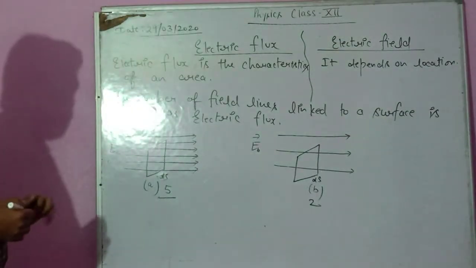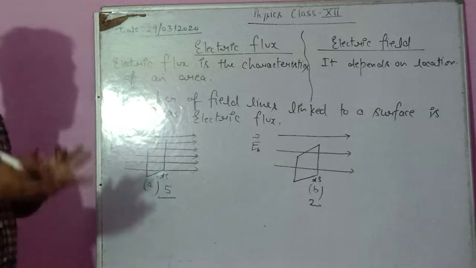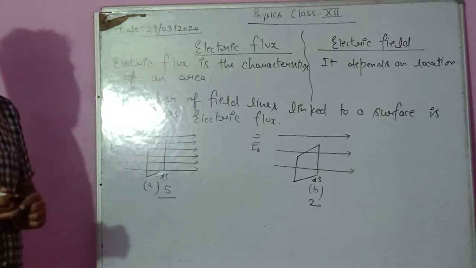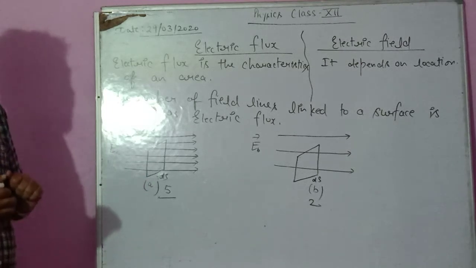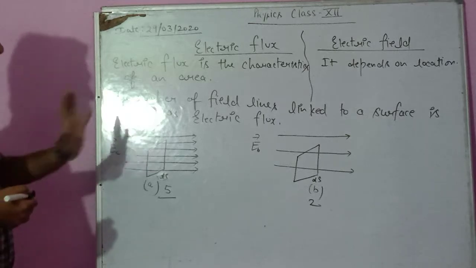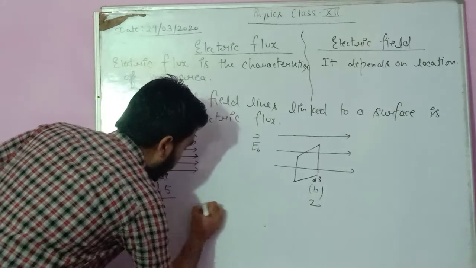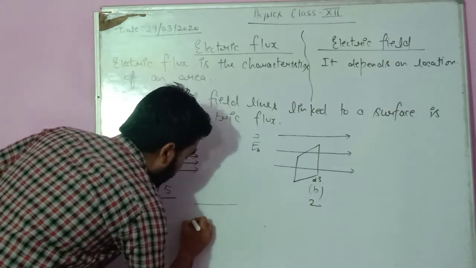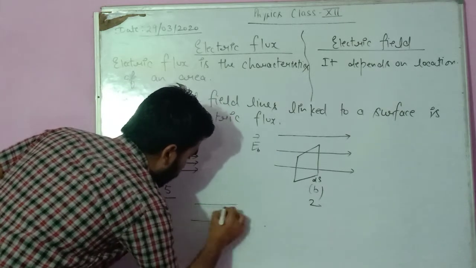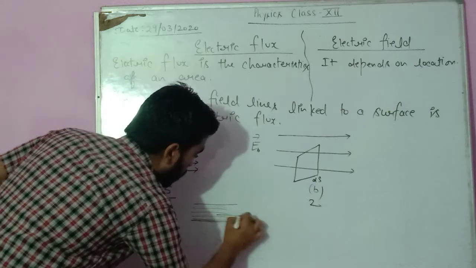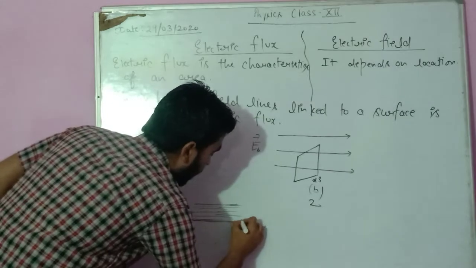Now we can understand why electric flux is considered a scalar physical quantity. For understanding it, we can take another example. Suppose I have a pipe and water is coming out of that pipe.